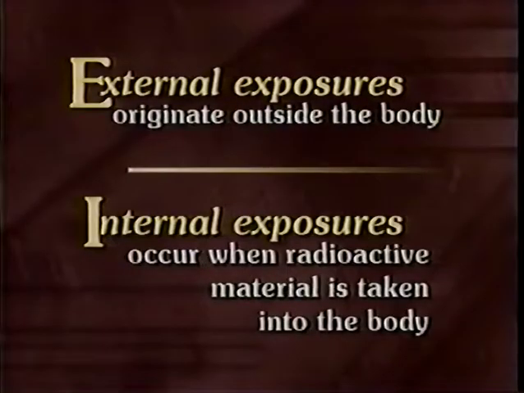There are a couple of other concepts we need to understand when evaluating the risks associated with occupational exposures: external and internal exposures. Exposures originating outside the body are referred to as external, while radiation from radioactive material that has been taken into the body is called internal exposure.